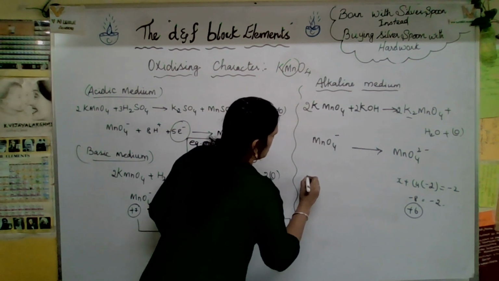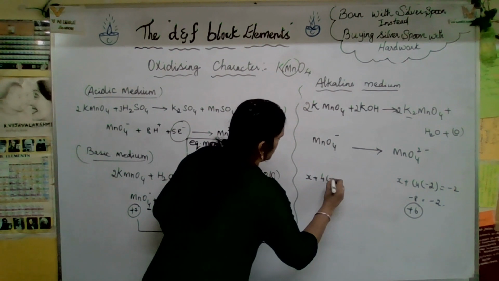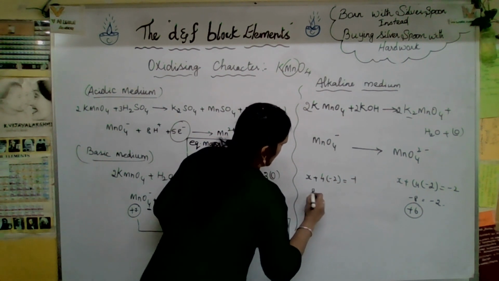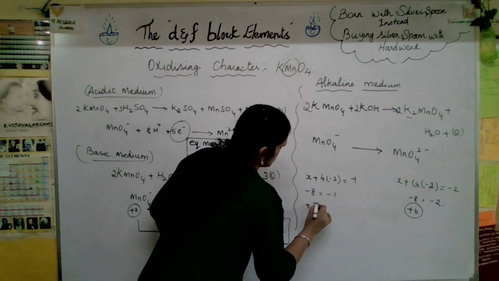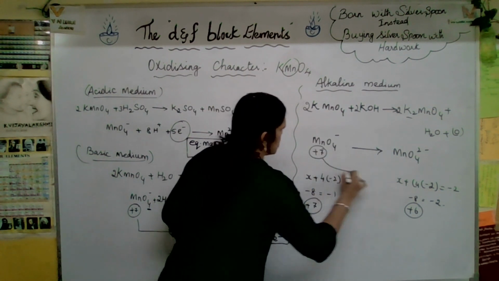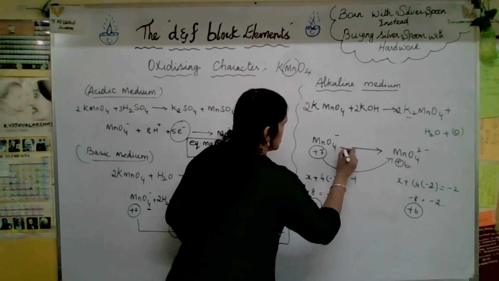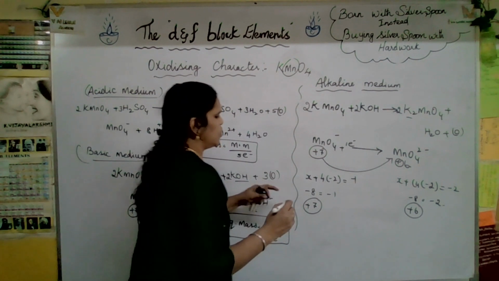Whereas here X plus 4 into minus 2 equal to minus 1, right? So that means minus 8 equal to minus 1. So here plus 7 oxidation state. So here plus 7 oxidation turns into plus 6 oxidation. So that means how many electrons can exchange? Only one electron.